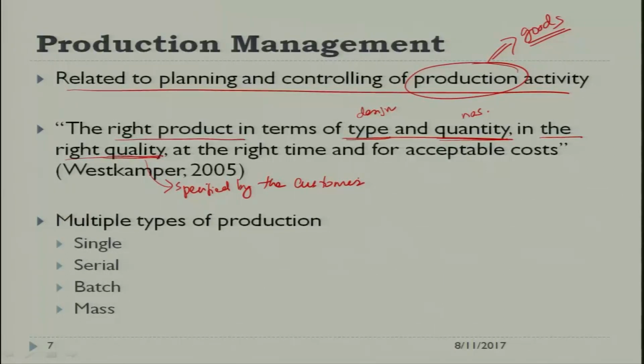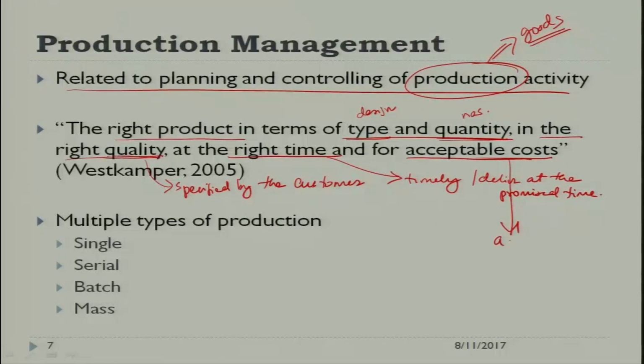And then it should be done at the right time, in a timely fashion, or delivered at the promised time. That is one aspect, and with acceptable cost. That means it should be affordable.